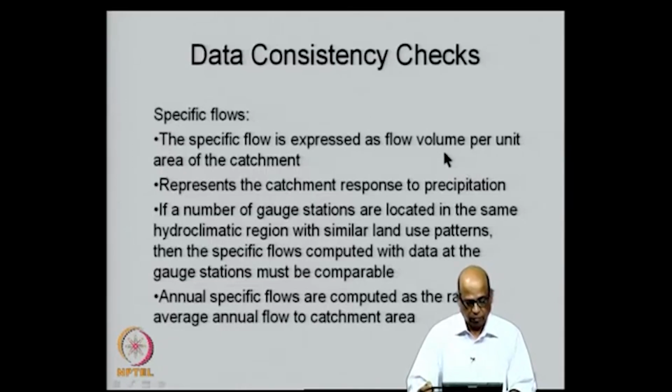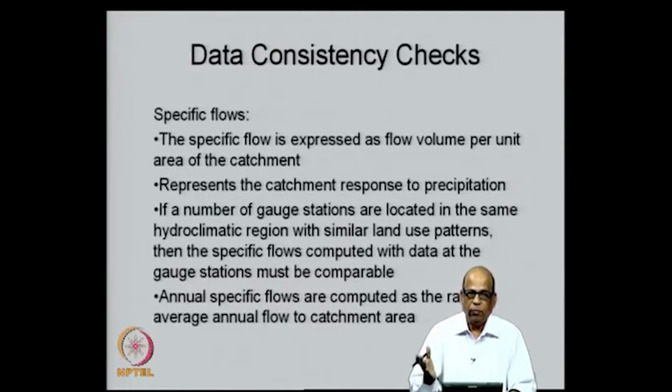In those units, the specific flow is expressed. Now, as I said, the specific flow is representative of the catchment's response to precipitation. There is a precipitation occurring, and how much of this precipitation gets converted into runoff is what is given by the specific flow. So, it is in fact the hydrologic response of the catchment to an input that you are providing.